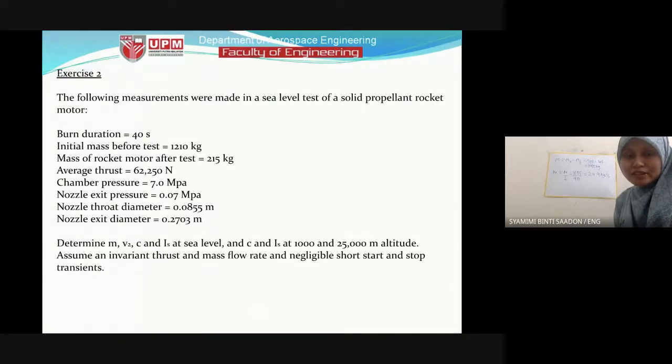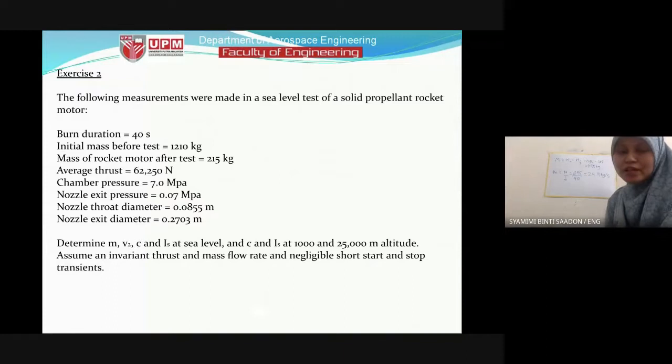Next, the nozzle area. In order to calculate the next values, the effective exhaust velocity, specific impulse, etc., we need to first calculate the nozzle area.